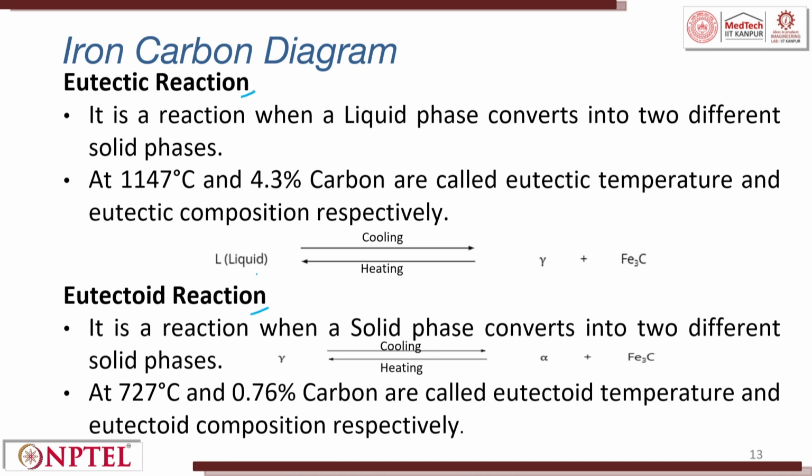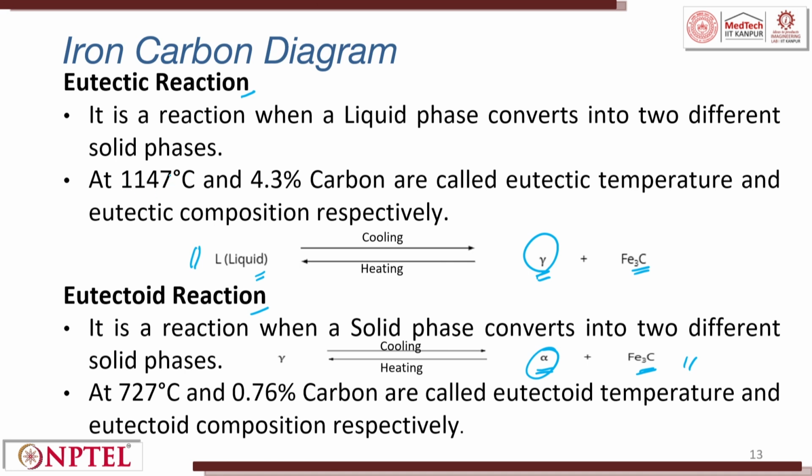In eutectic reaction, you will have a liquid leading to gamma plus Fe3C. When it is cooling, you get gamma plus Fe3C. When it is heating, you get liquid. In eutectoid, gamma forms alpha plus Fe3C. So the difference is this. In eutectic, it is a reaction when a liquid phase converts into two solid phases.